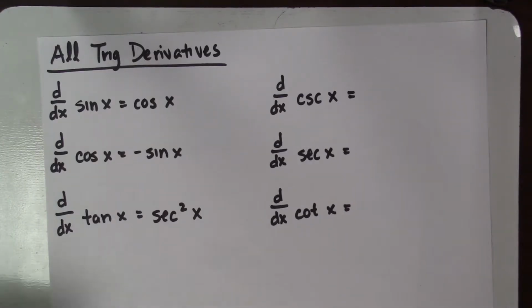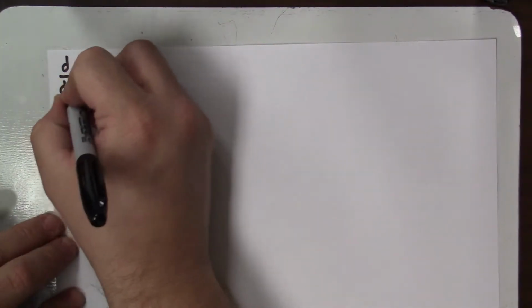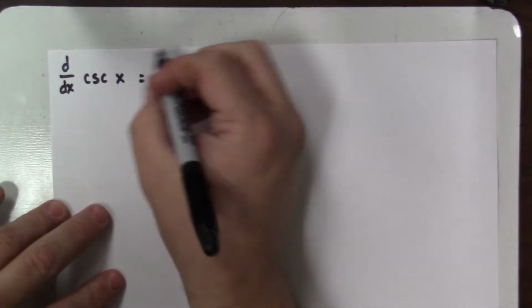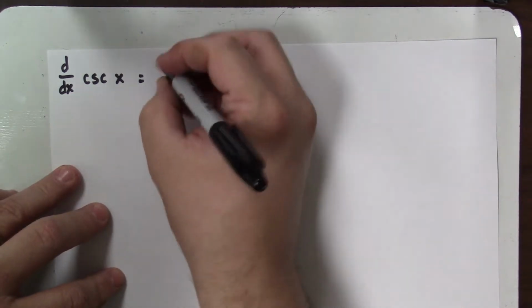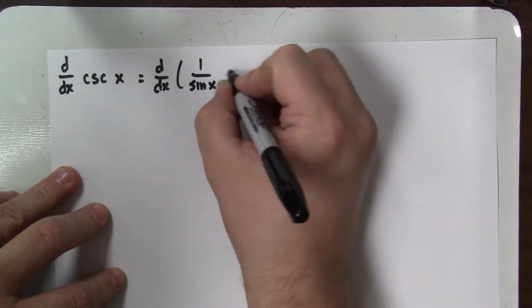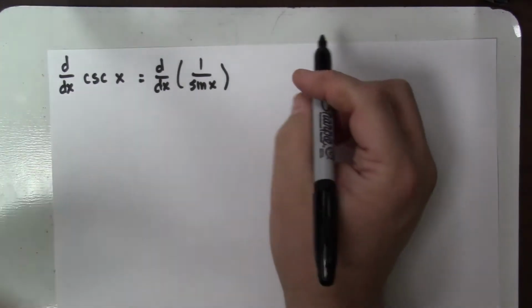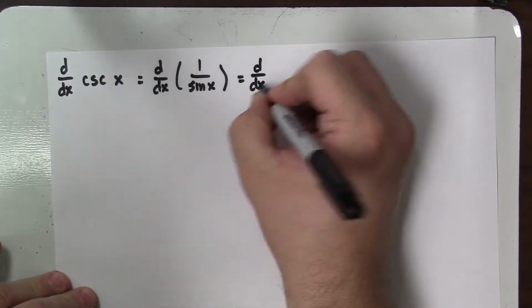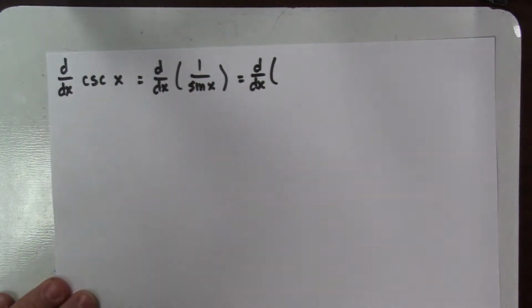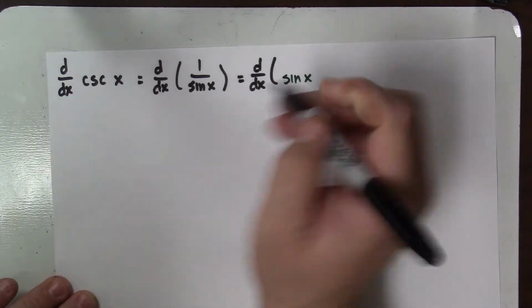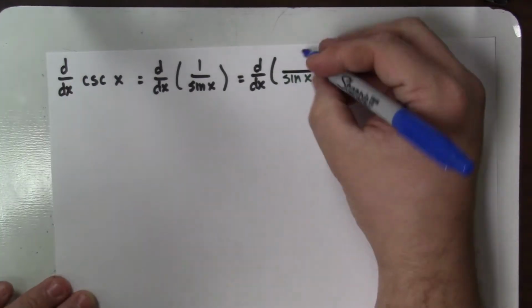Okay. So number 2, the derivative of cosecant x. Just like I did, the derivative of cosecant x is really the derivative of 1 over sine of x. Let's go ahead and make this colorful so it's easier to see. So I'm going to say sine x on bottom. Let's see if I can actually do all my bottoms in green this time.